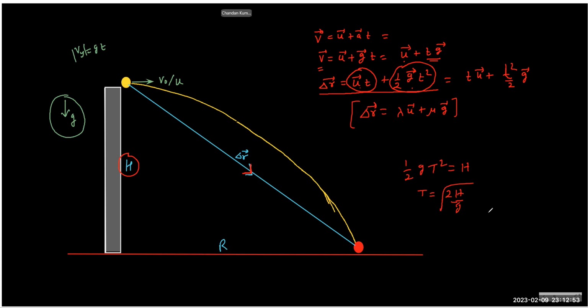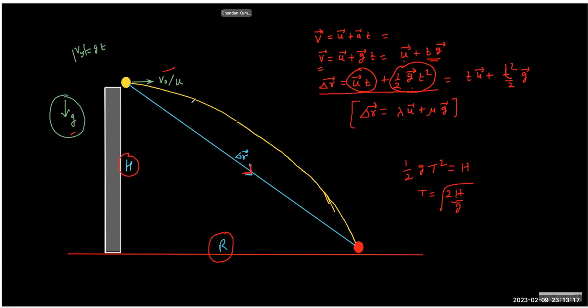I know this answer, it is obvious. I will not even write the entire equation to solve. Now I know that gravity cannot take me forward. So if I would like to look for the range, I have to first ask who can take me there: V naught, gravity, or both?